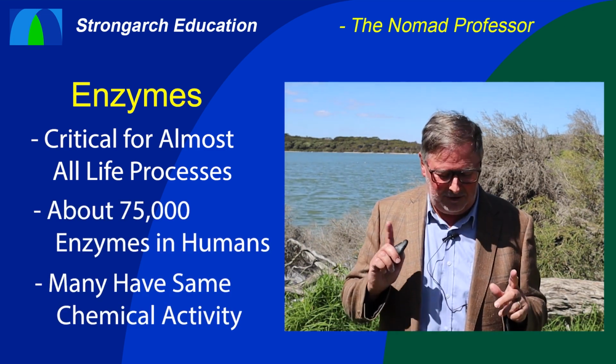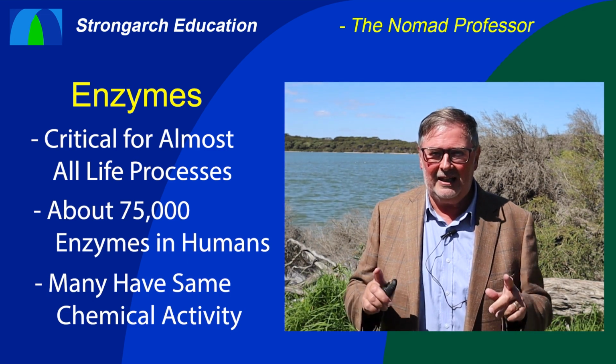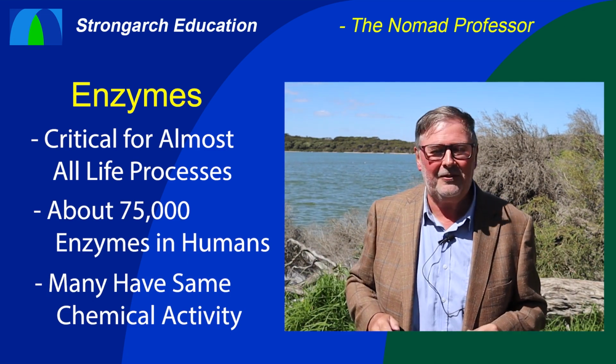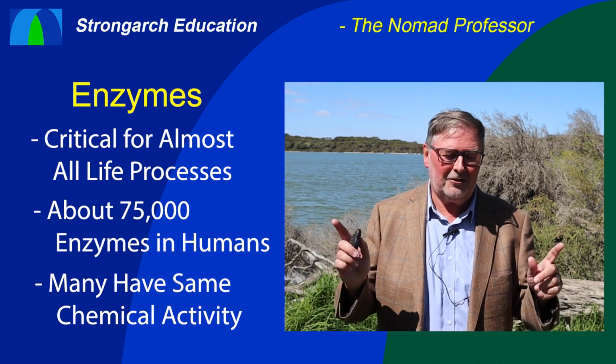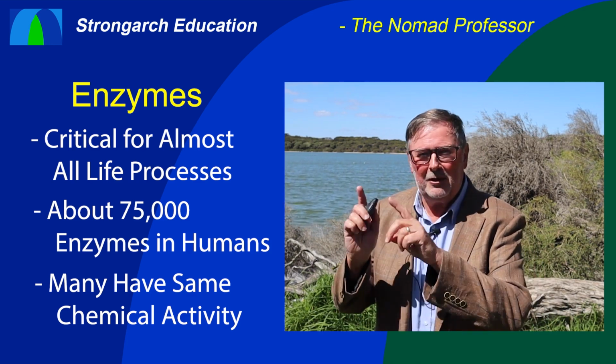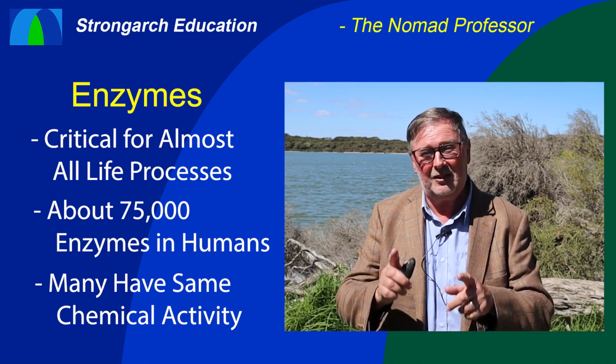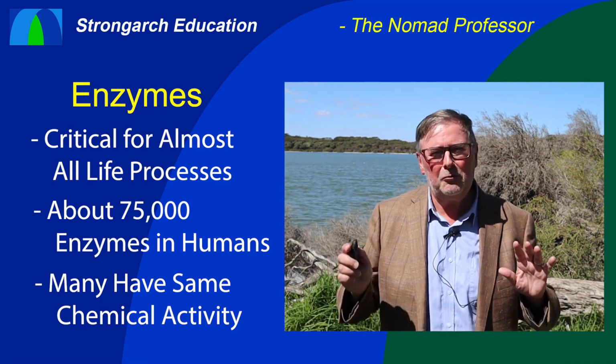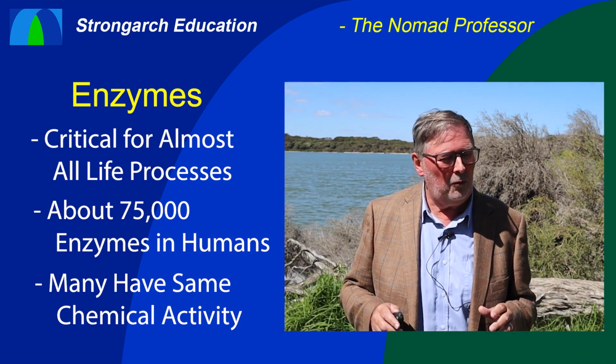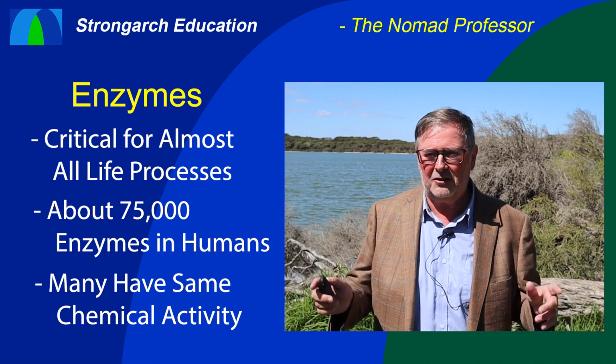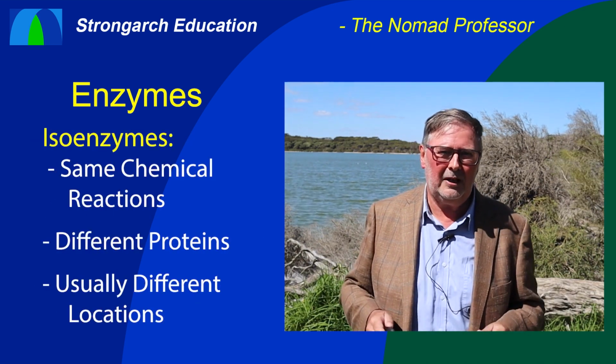But what's interesting to know is that many of these 75,000 separate enzymes, they actually have the same chemical reaction. They mediate exactly the same chemical reaction, but they're tweaked and modified from each other in order to work in different locations. And when that's the case, they're called isoenzymes.